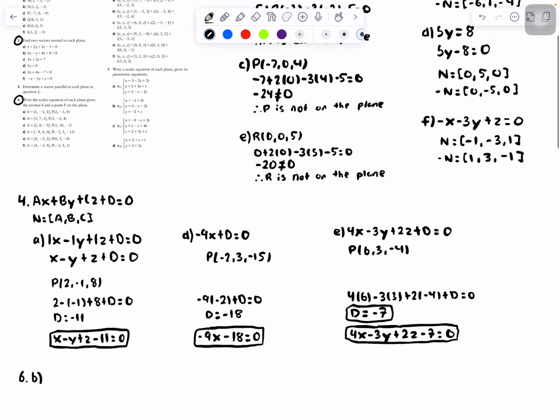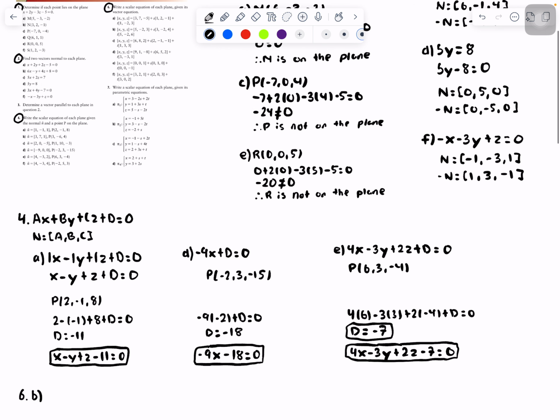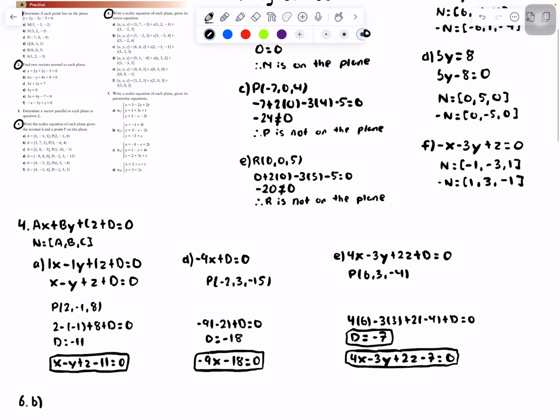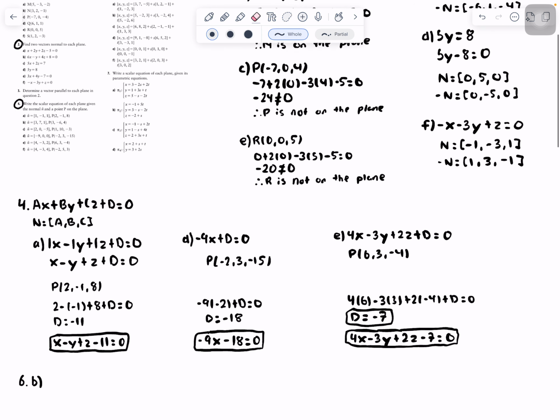6b. So we have the two direction vectors 3, -2, 4, and 5, -2, 6. So I'm going to take their cross product.